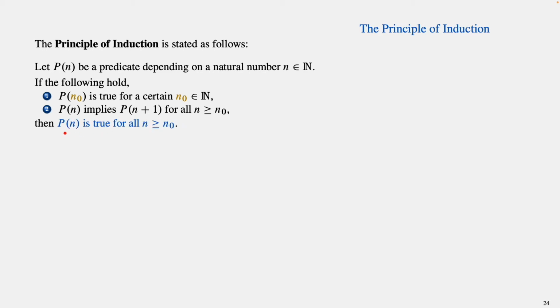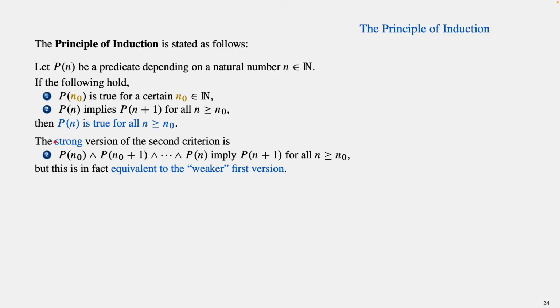Then P(n) is true for all natural numbers greater or equal to our initial value n0. This is what the principle of induction states, and here we take it as an axiom. That is, we take it for granted that the principle of induction is true, and therefore proofs by induction work.